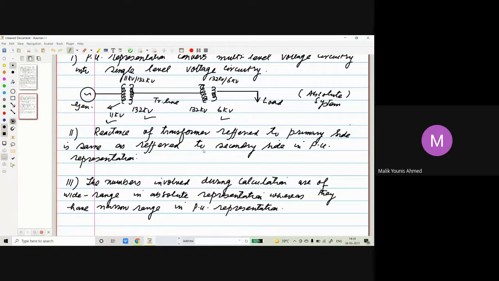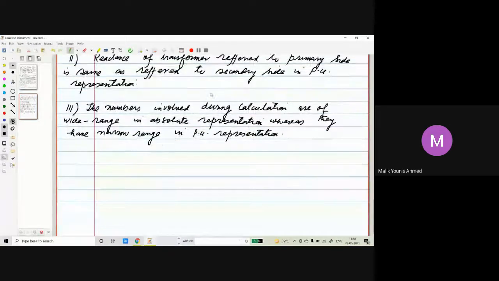Next, electrical equipment manufacturers usually specify the impedance of a piece of apparatus in percentage or per unit, in terms of the base of the nameplate rating. That means every value you see on electrical equipment will be on the base of the per unit system. So that is another advantage.